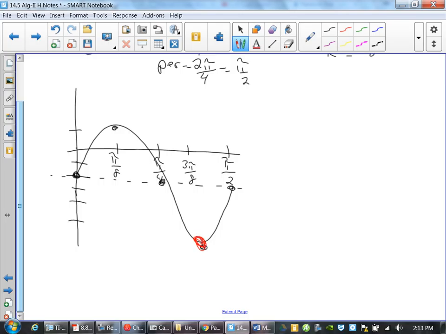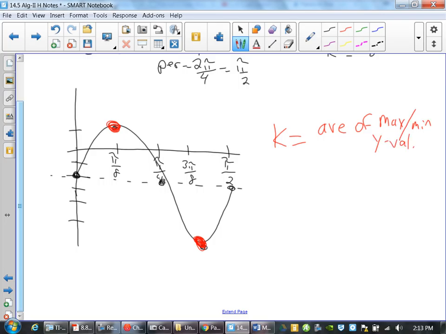The vertical distance between the maximum and the minimum cut in half will always equal what? Your k value. Your k value is always going to be the average of the max and min y values.